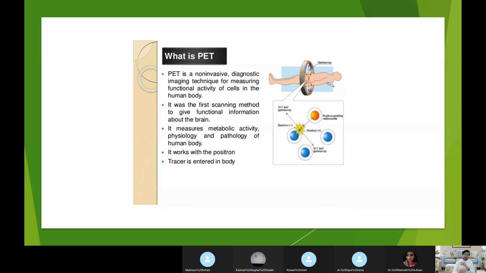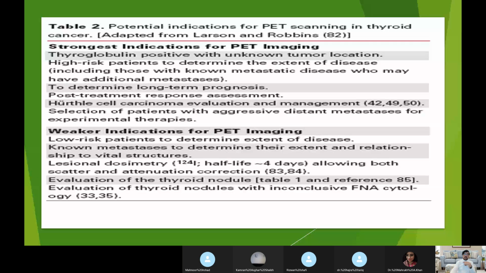Now, this is the difference. In functional MRI, I don't need a radioisotope. But in a PET scan, I definitely need a radioisotope. So if I have access to radioisotope, I will go for a PET scan. But if I don't have access to the radioisotopes, I will prefer the functional MRI.